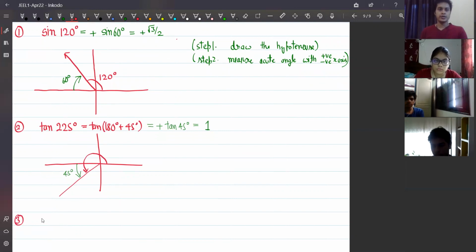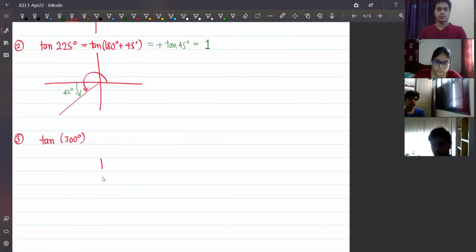Taking another value, suppose I have to find tan of 300 degree. 300 is greater than 270. 9 threes are 27, so this is 90, 90, 90, which is 270. 270 plus 30 degree means after 270, there is a 30 degree gap.